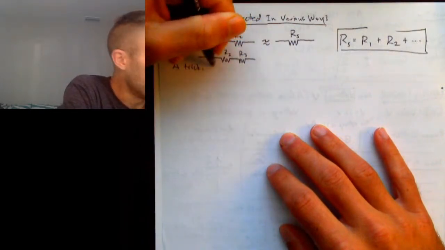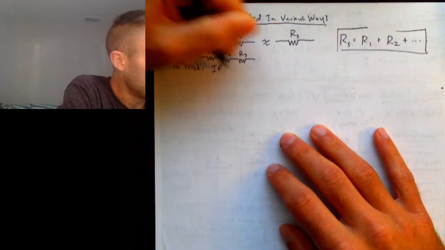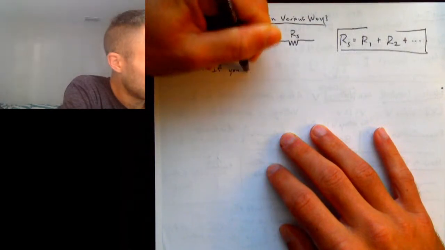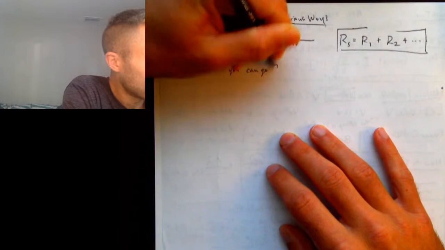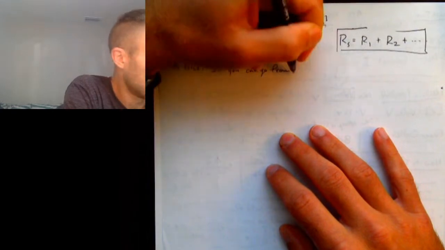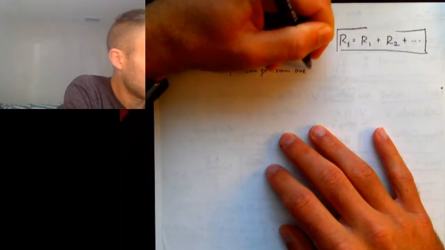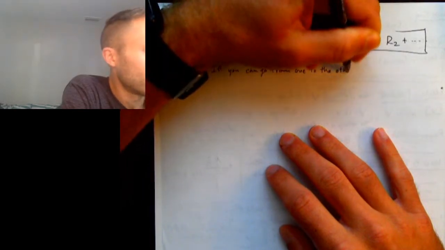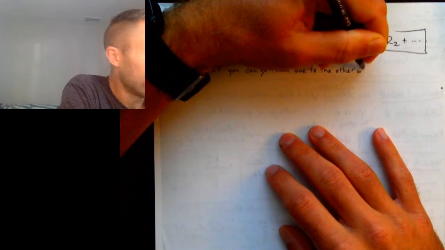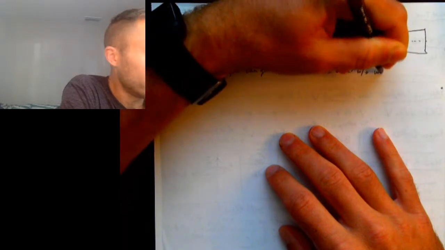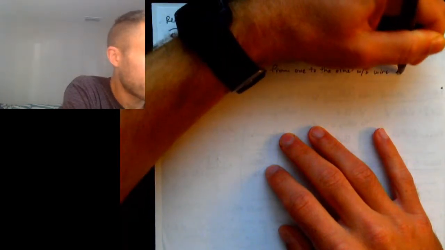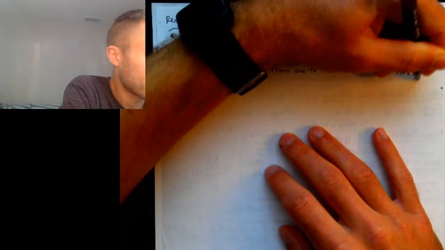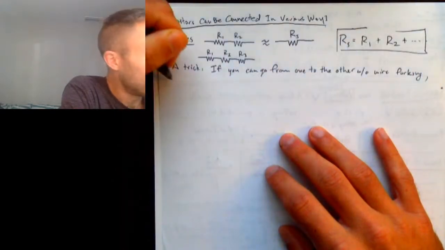If you can go from one resistor to the other without the wire forking, they are in series.